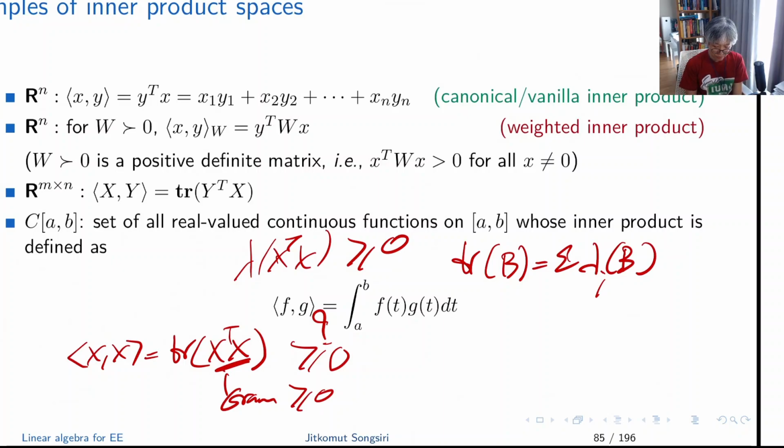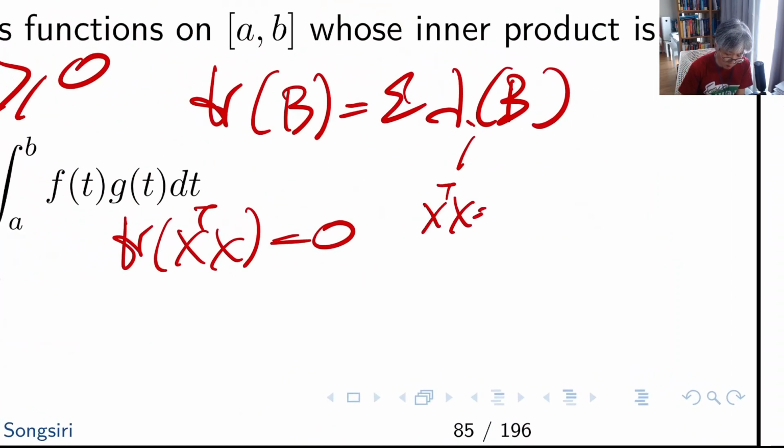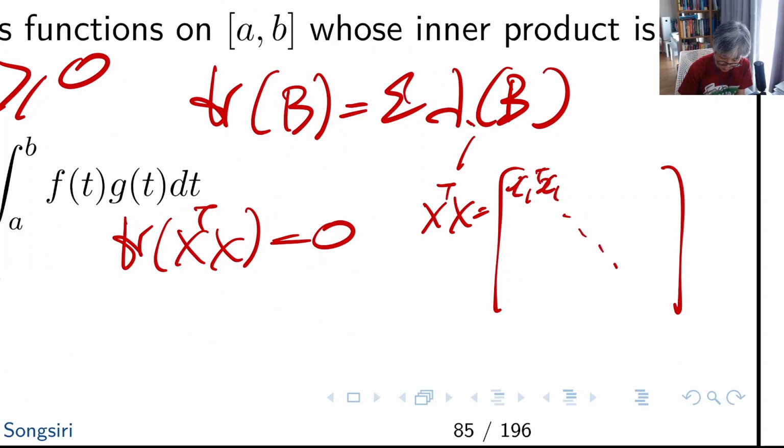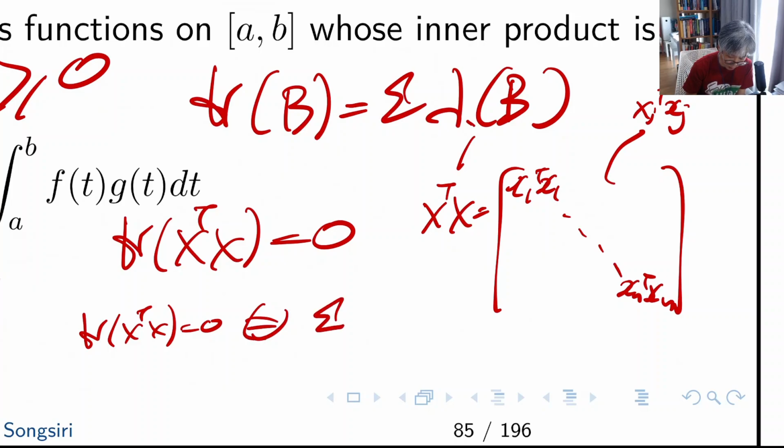How about whenever the trace of x transpose x is 0? As in our calculation before, x transpose x is going to be x1 transpose x1, dot dot dot, xn transpose xn, and xi transpose xj in the off-diagonal terms. So if the trace of x transpose x is 0, that only occurs when the sum of the squares is 0.